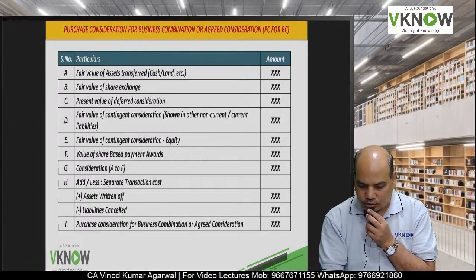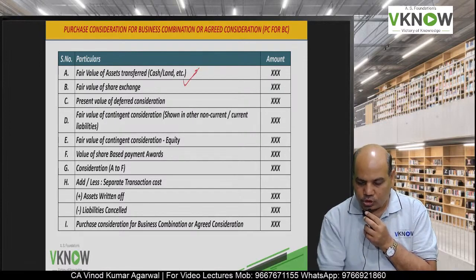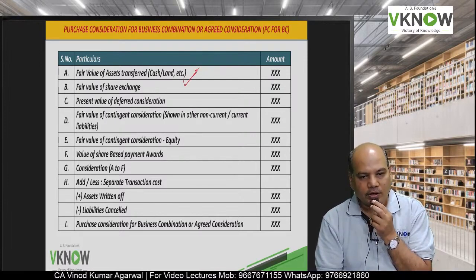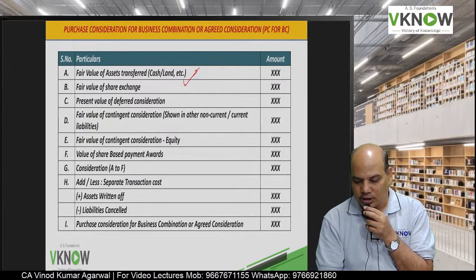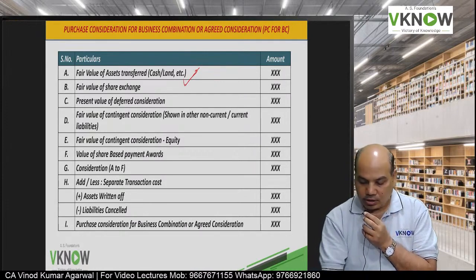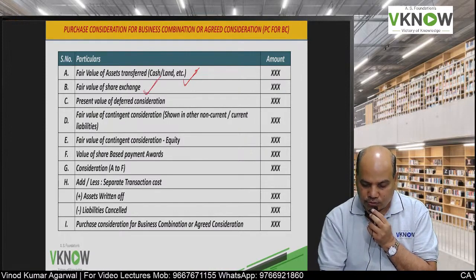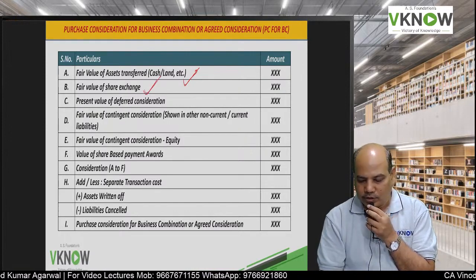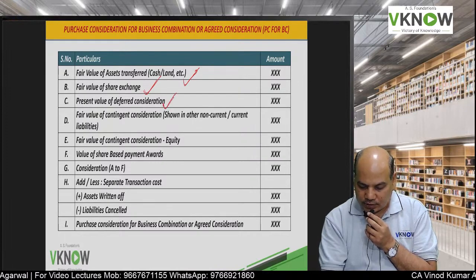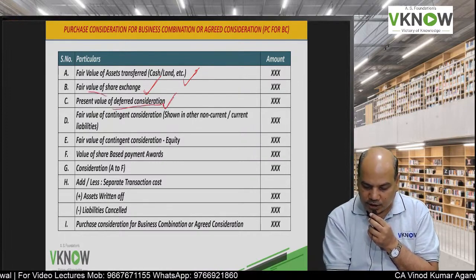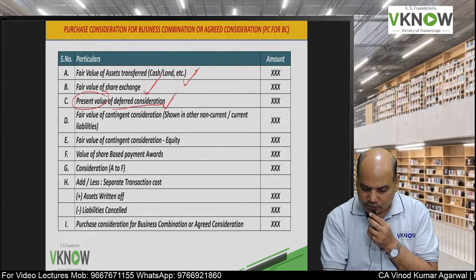So first, you will add the fair value of any asset transferred. It can be cash, it can be any other asset like land. If any share is issued, we'll take the fair value of the share issued. If there is any deferred consideration, we will take the present value of deferred consideration.